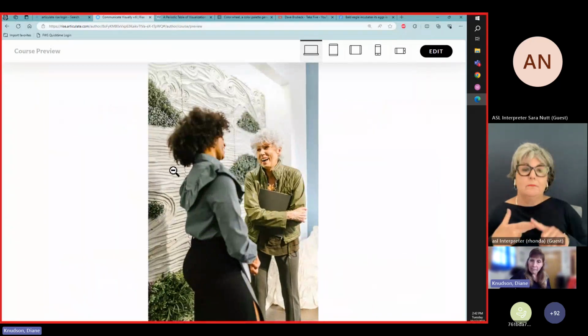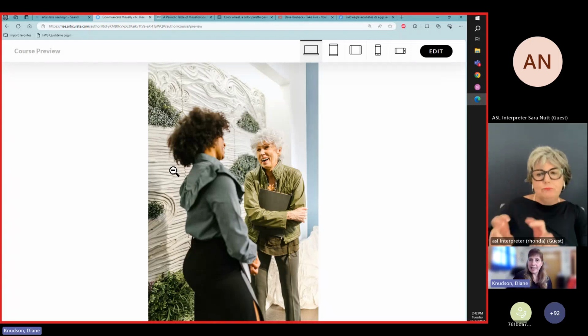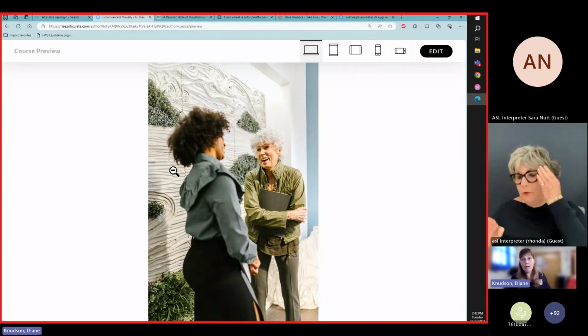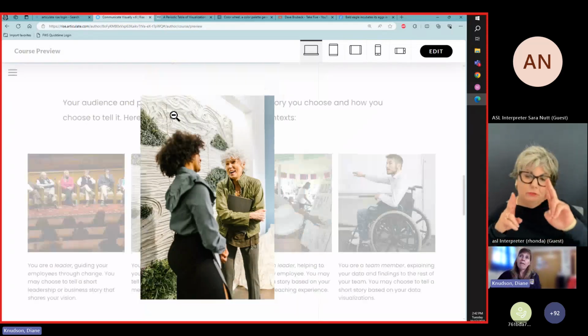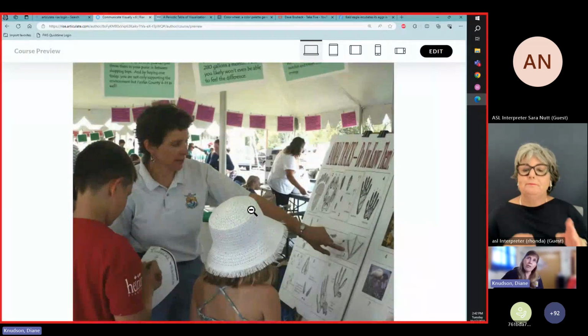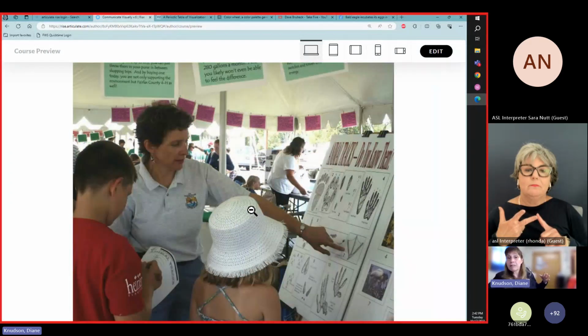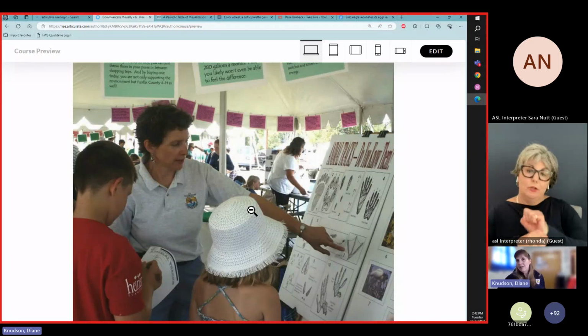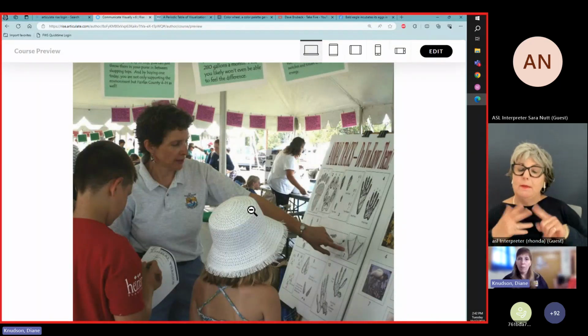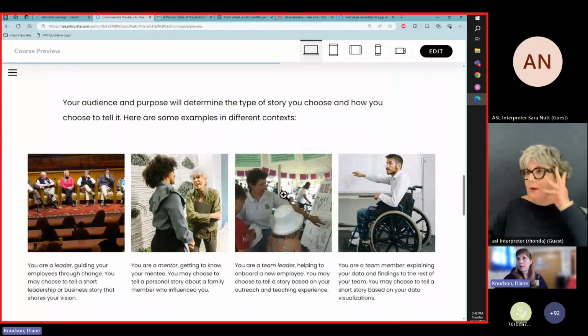You're a mentor. You want to get to know your new mentee, so you tell your new mentee a personal story about somebody whom you admire. Third one, you are an experienced employee and you're charged with onboarding a new employee. So you might share a personal story about your work experience.